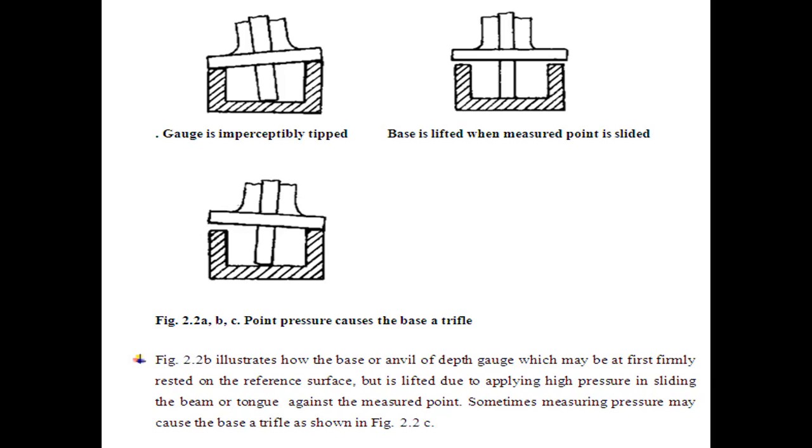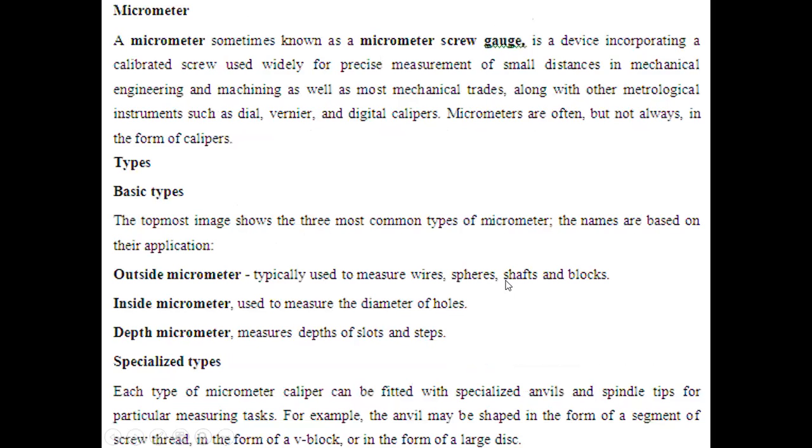Don't press the anvil support tightly over the specimen surface. These are the common problems that are sources of error in the depth measurement process. For further details, you can refer to the class group or the YouTube video clips which I shared in the morning.